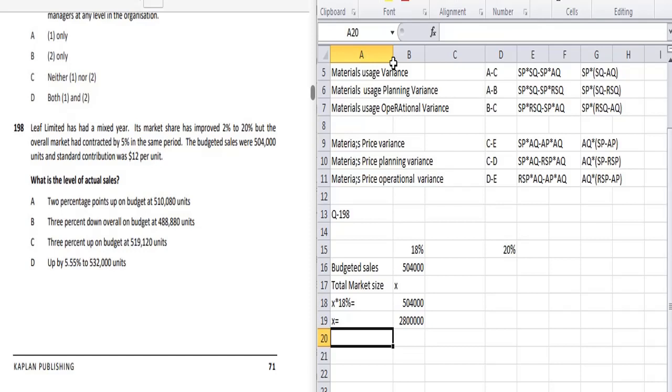Now the question tells us the market has been contracted by 5%. So market size after contraction, it's contracted by 5%, means 100 minus 5%, so 95%. So the current market size after contraction is 2,660,000. The question asks the actual sales.